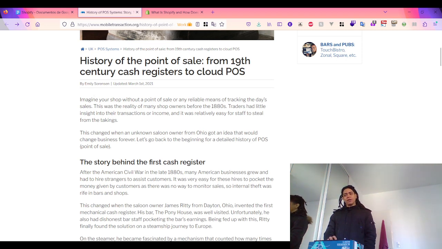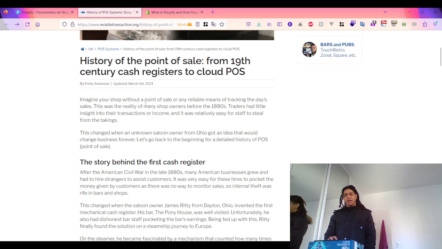knowing more about the history of the point of sale, from the 19th century cash register. This is just a quick overview. Imagine you shop without a point of sale or any reliable means of tracking the day's sales.